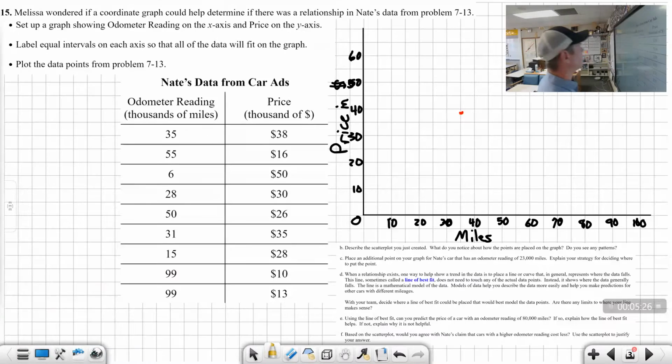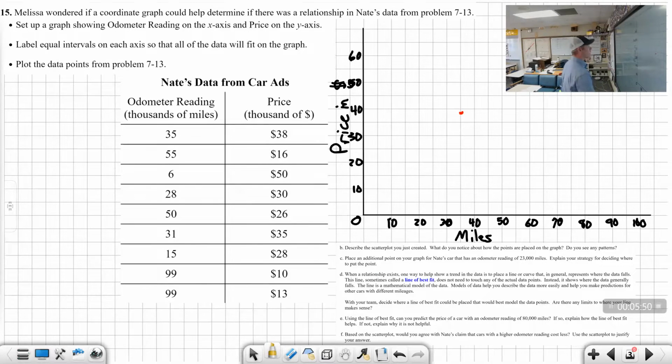So that brings us to the meat of today. Today's primary problem. Problem 7-15. Melissa wondered if a coordinate grid would help us determine if there's a relationship. Absolutely. This is definitely where we want to work. So here's what we are going to do today.